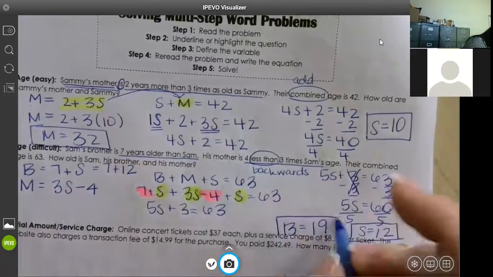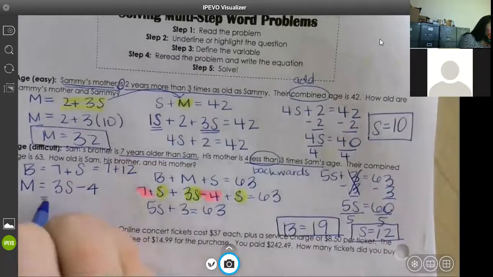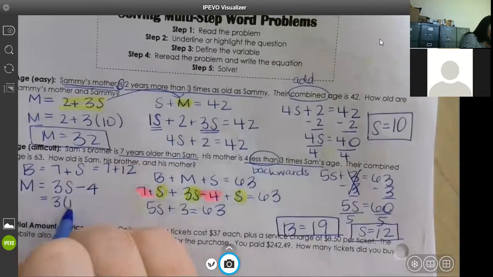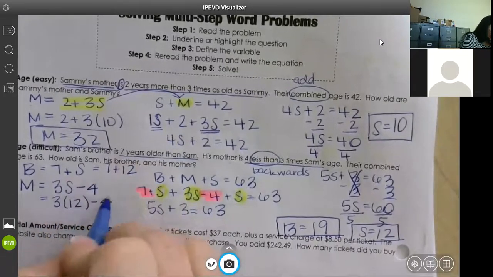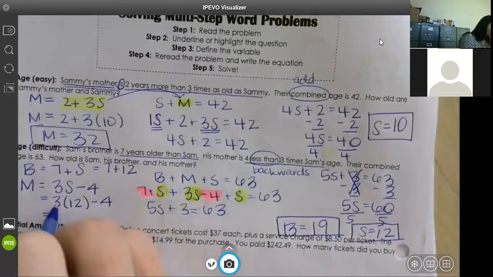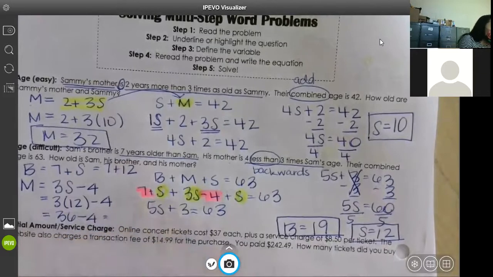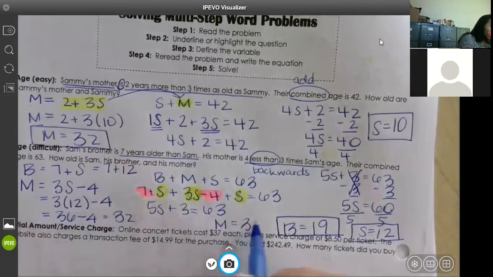So I'm going to put that down there. Brother is 19. And how do we figure out mother? 3 times Sam was 12 minus 4. And you guys can put that in your calculator, or you can look at it this way. 3 times 12 is 36. Minus 4 is 32. So mother is 32.